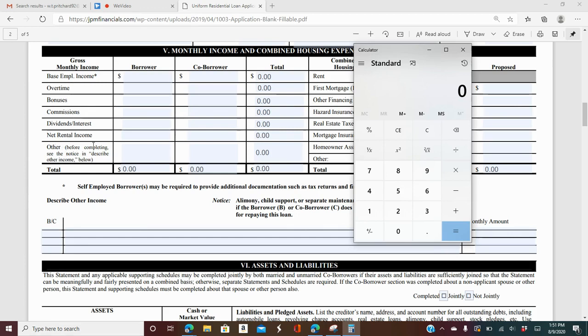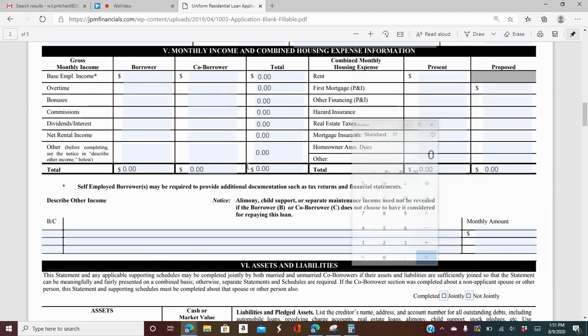You see this is other, and when you come down here, this is for other income. Other income could be alimony. I've seen that a lot. I've seen child support. I've seen Social Security income, like somebody receiving Social Security, or retirement, pension.